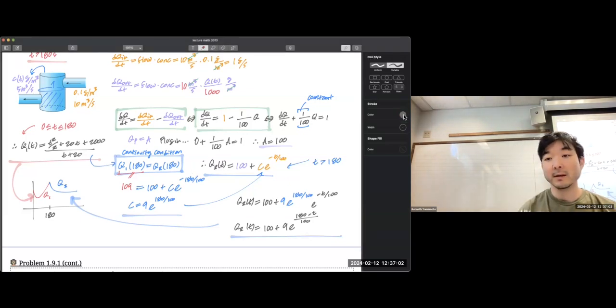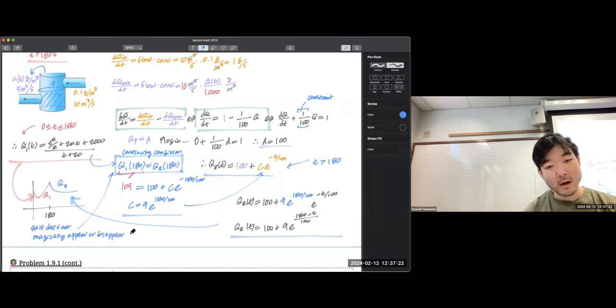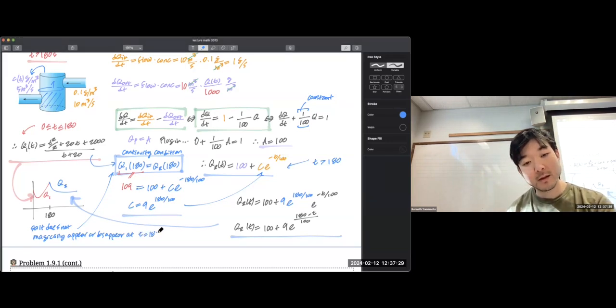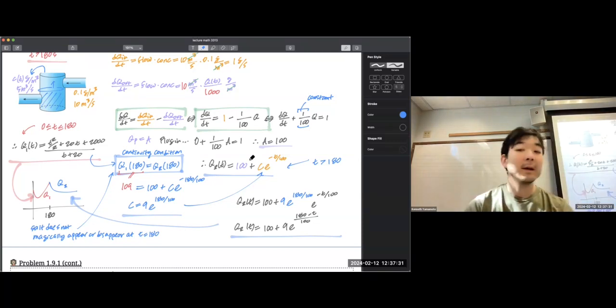So I'll just say salt does not magically appear or disappear at t equals 180. That's what this condition is ensuring.